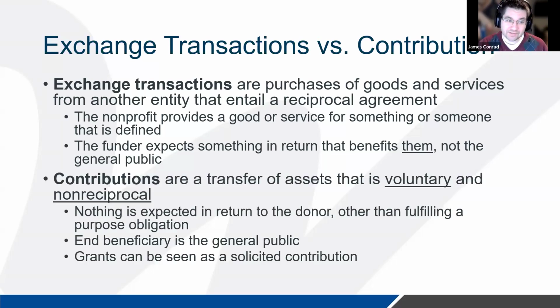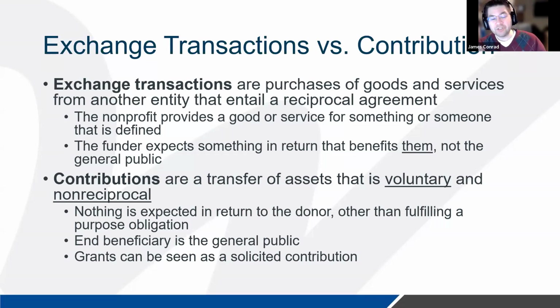Now, contributions are a transfer that is voluntary and non-reciprocal. There's no obligation other than the purpose or the restriction that we're going to talk about in a little bit. The end beneficiary is the general public. You're not giving something back to the donor, to the corporation that's giving you money.